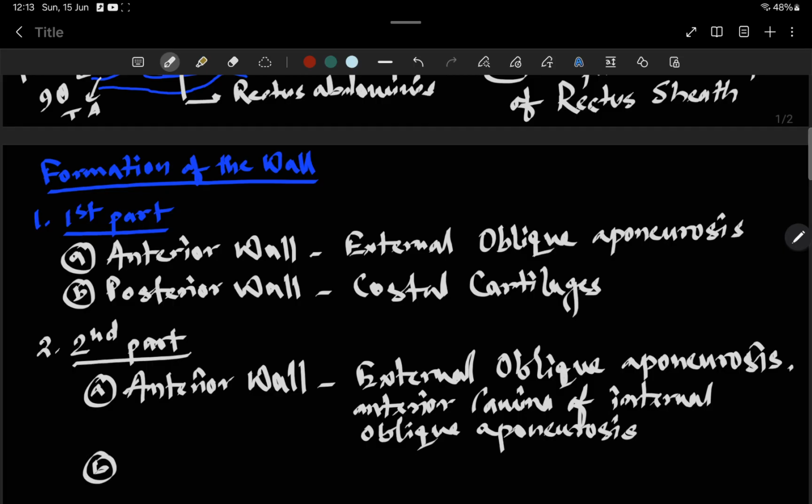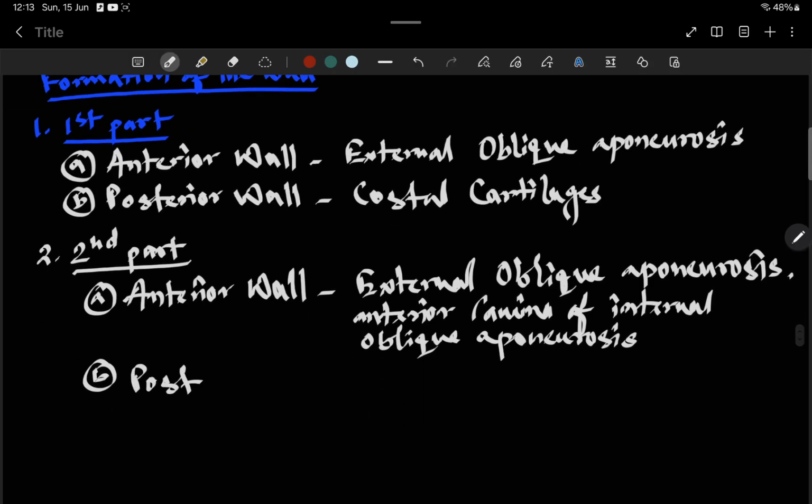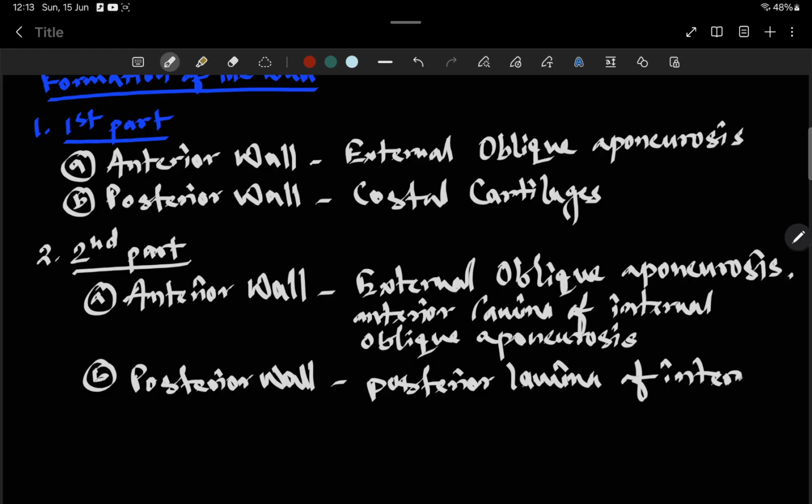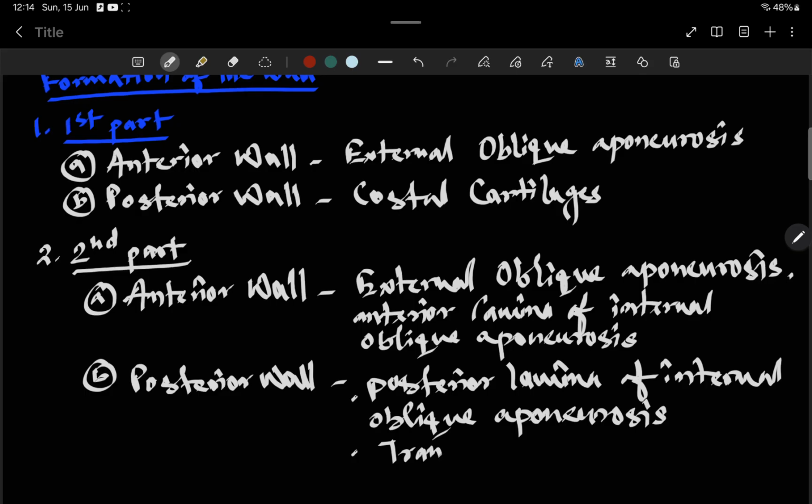Likewise, the posterior wall is formed by the posterior lamina of the internal oblique aponeurosis and transversus abdominis aponeurosis.